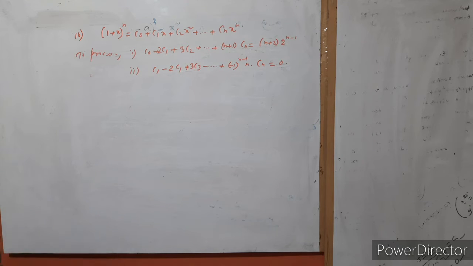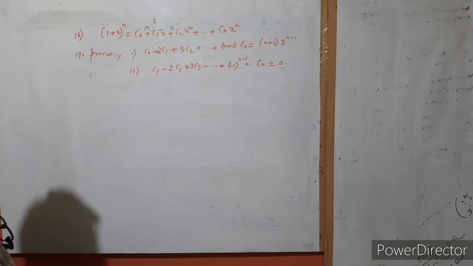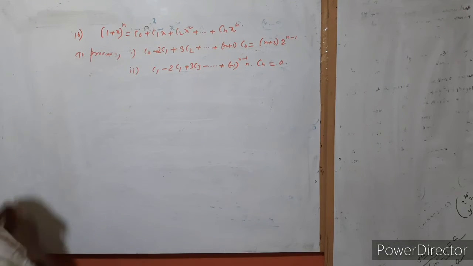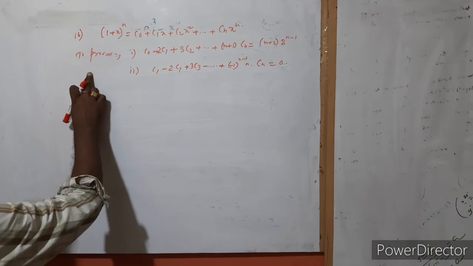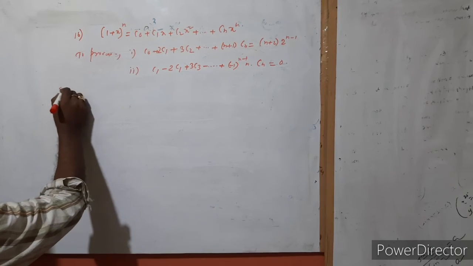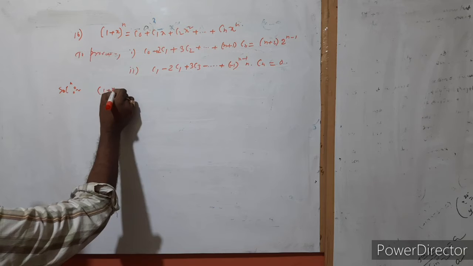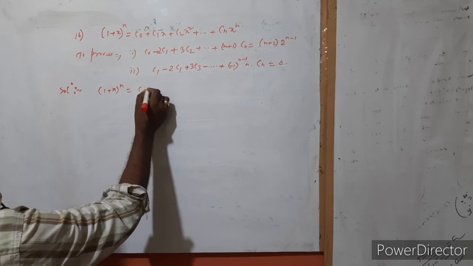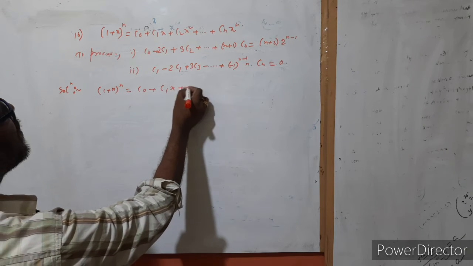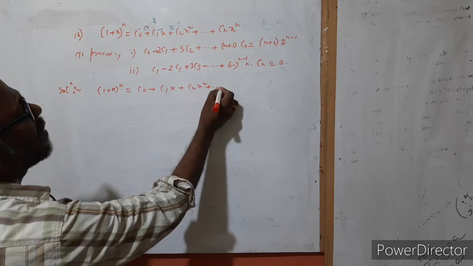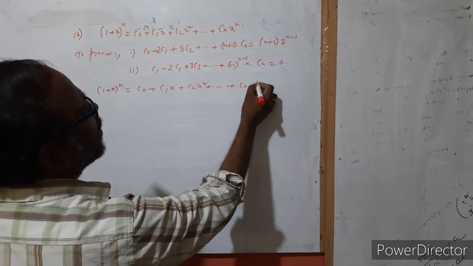Some students have given me this question to solve, and see, this is your given case, and we have to prove that. Okay, see the solution: 1 plus x to the power n equals c0, c1x, c2x square, and so on up to cnx to the power n.